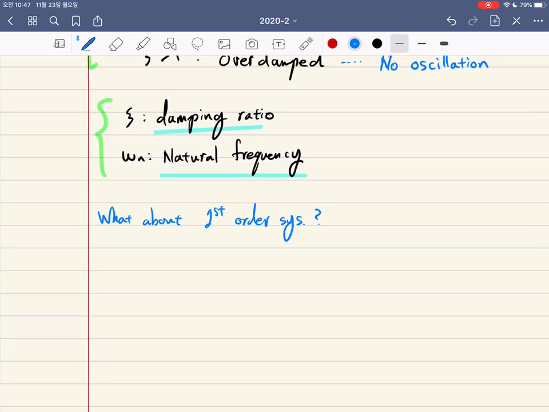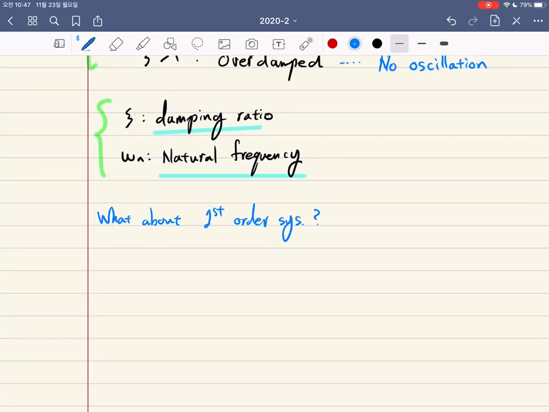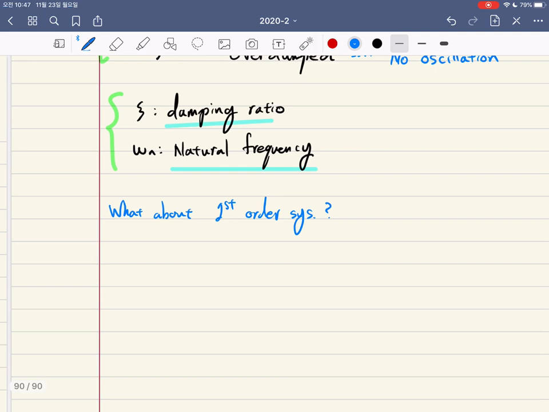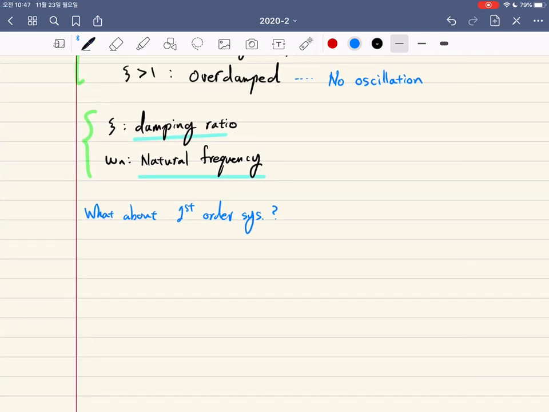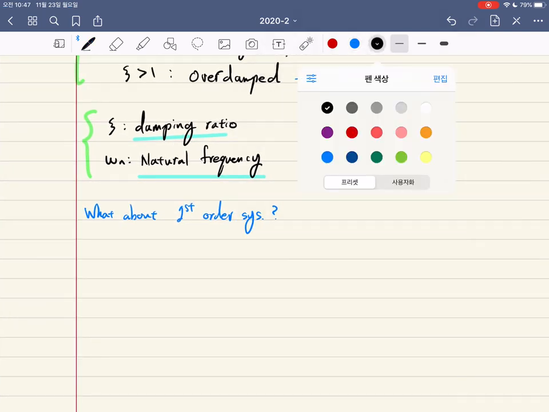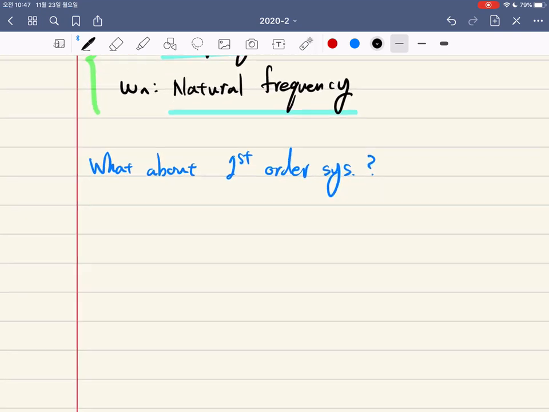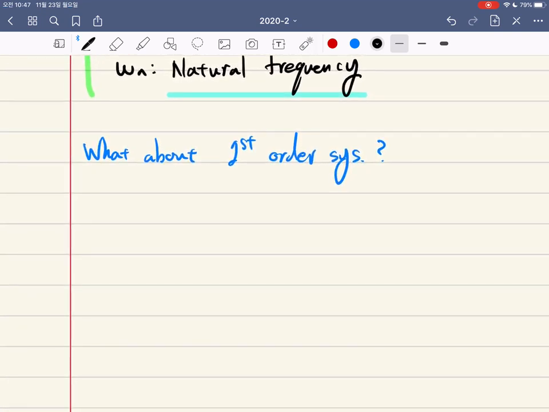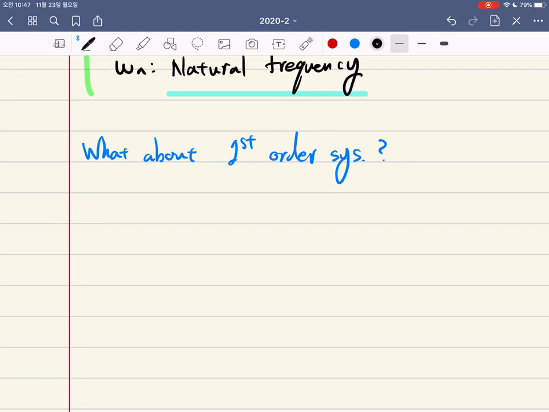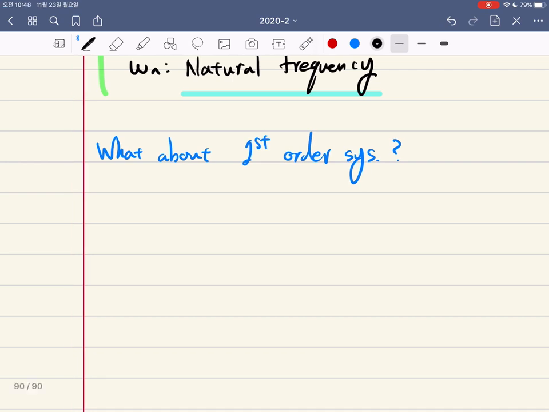So I will talk briefly about the first order system and then continue with our second order system. This is a slight digression, but I already mentioned, so I will introduce briefly about the first order system.